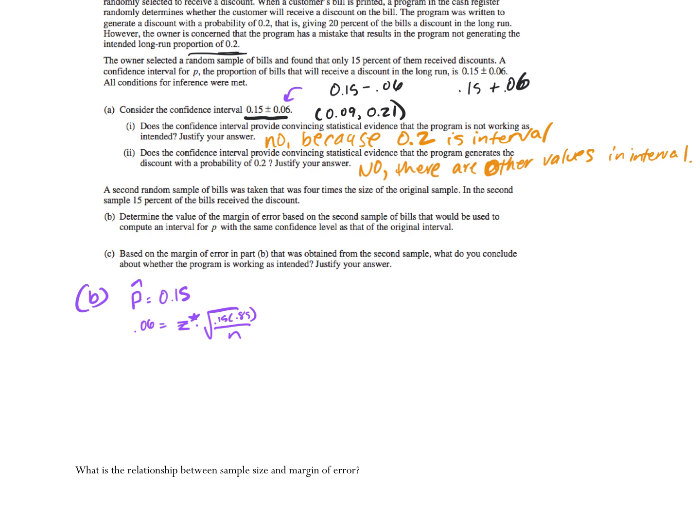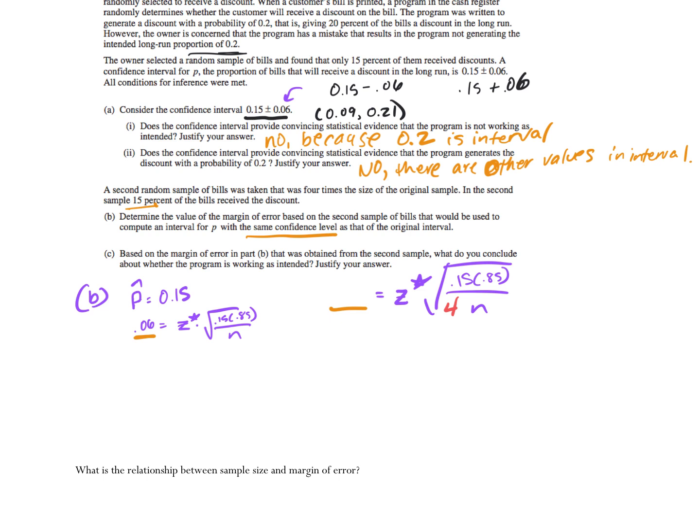And the question is, what would happen to this answer if I had 4 times the sample size? The level of confidence is staying the same, right? Same confidence level, and we have the same p hat. So the question is, what goes here if now my new sample size was 4 times that n?